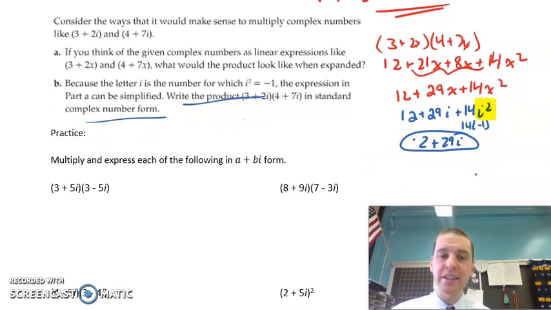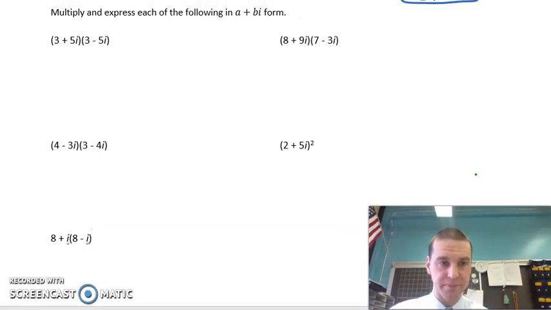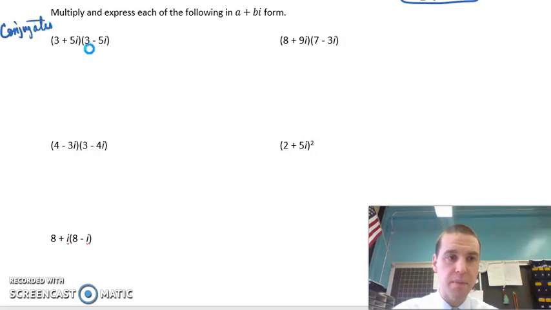So the idea here is that when you have i times i, the actual value is negative 1. So we're going to do a few of these here. Notice that these are called conjugates. If I double distribute, I'm going to draw the lines for the first couple and not for the last few. 3 times 3 is 9. 3 times negative 5i, negative 15i. 5i times 3 is plus 15i.